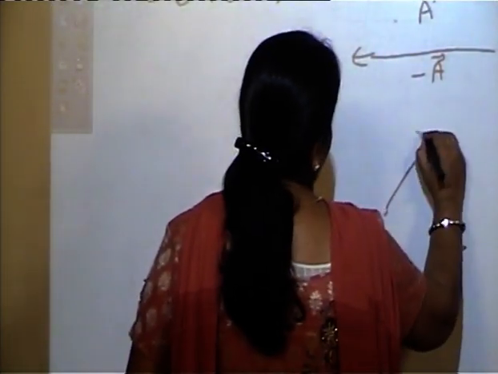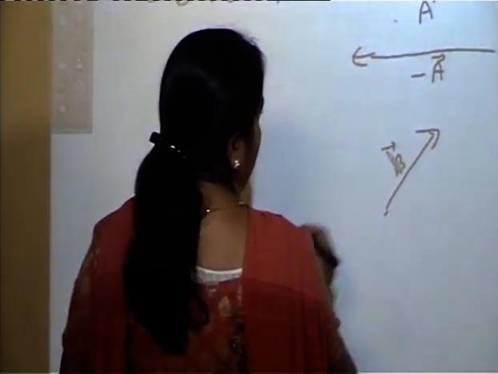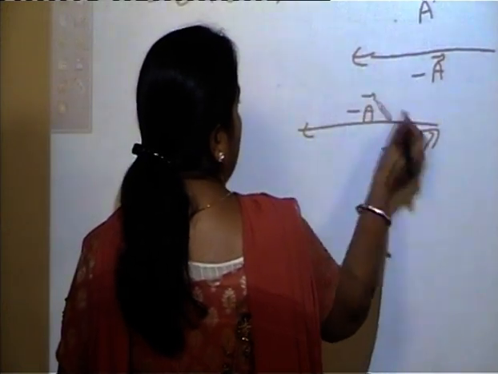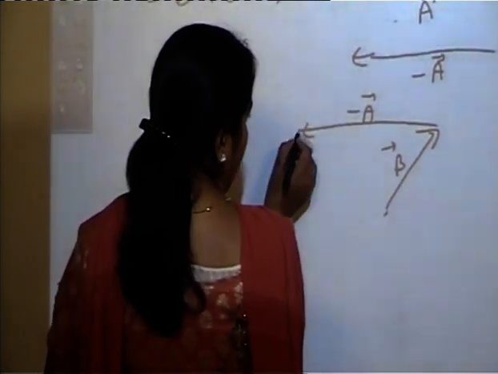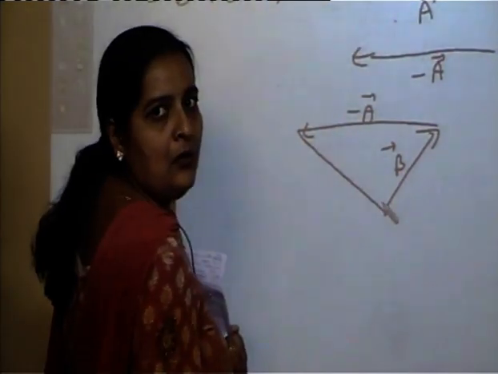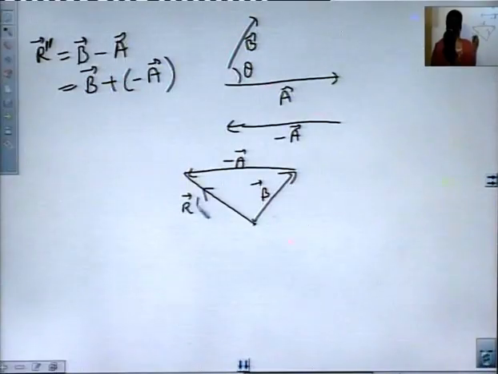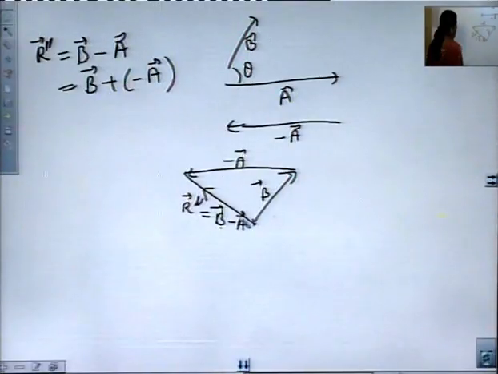Firstly we take B vector and place minus of A vector on B vector and complete the triangle. This gives us the direction of R double dash, which is equal to B vector minus A vector.